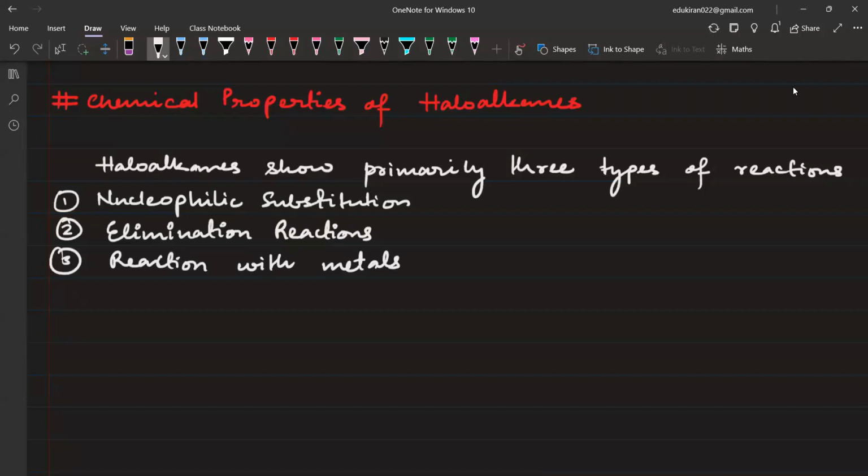First of all, we will look at nucleophilic substitution reaction. After that, the elimination reaction, and then reaction with metals.